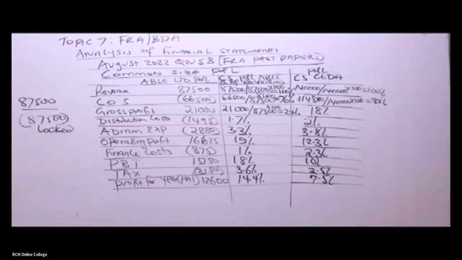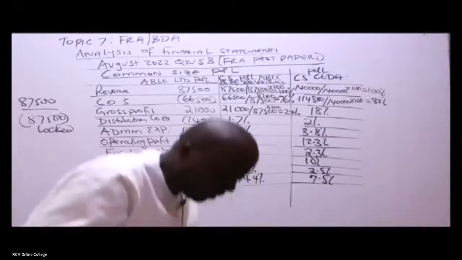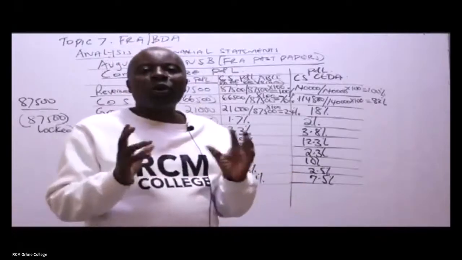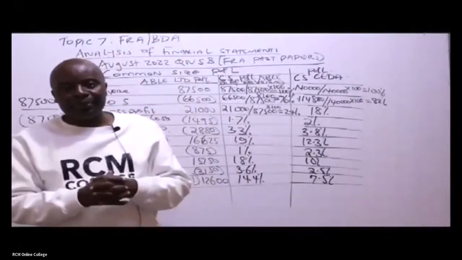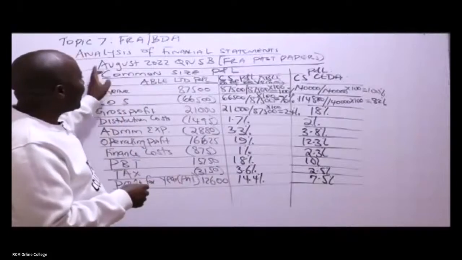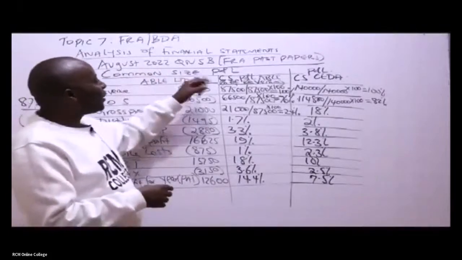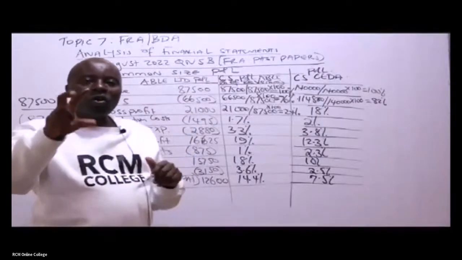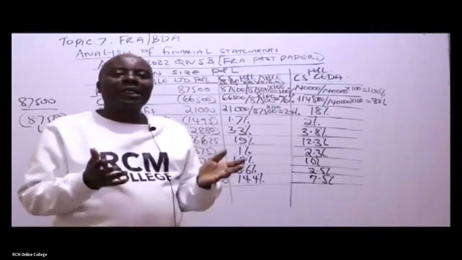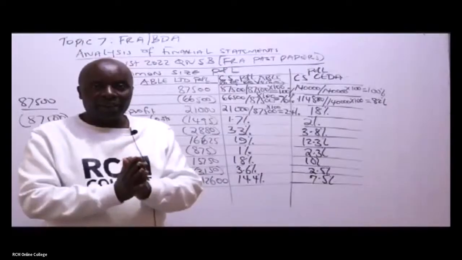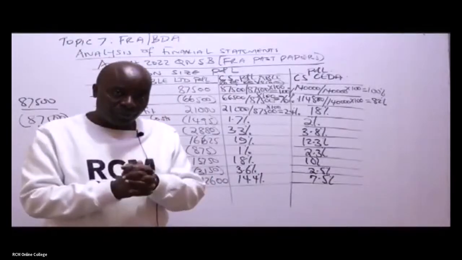Great. So then what are we doing in this case here, Basoga? What we are doing is basically what we call a common size statement. So we look at the common item. Like in this question, which is August 2022 question 5, when we are doing common size profit and loss, the common item, the baseline for the P&L, will always be revenue.